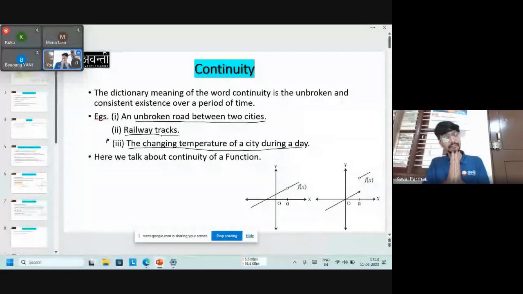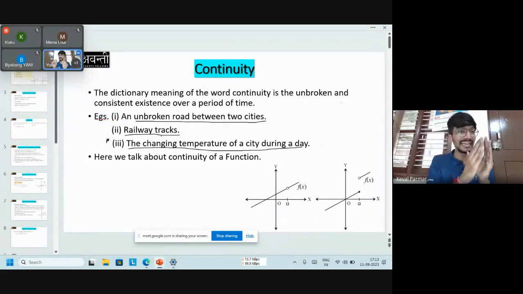If in the morning it was 30 degrees Celsius and at night it comes to 20 degrees Celsius, that means from 30 to 20 it must have taken every value while decreasing: 29.9, 29.8, 29.7, and so on. So these are examples of the word continuity.